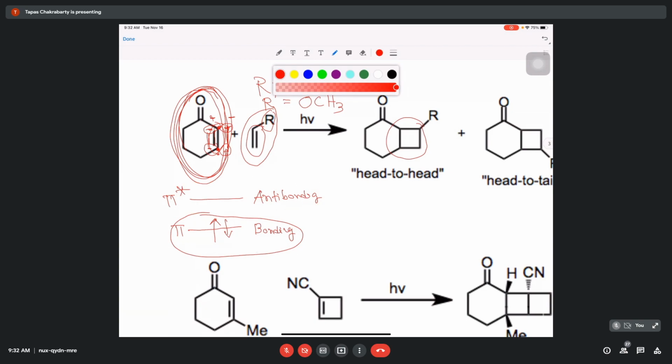If you shine light, one of the electrons from the highest occupied orbital is excited to the antibonding orbital. So this electron which was here is excited in the presence of light, and you produce this kind of situation.